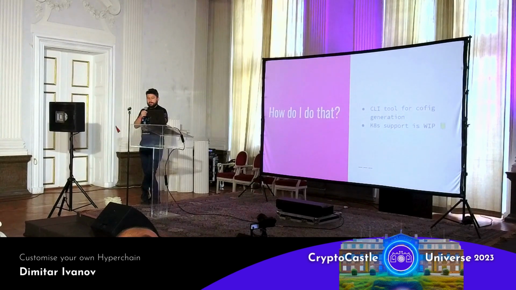We are working on Kubernetes support. That green thing is a battery. So the setup would come with batteries included, and you'll be able to locally test and see how different tooling is playing with the Hyperchain chain.